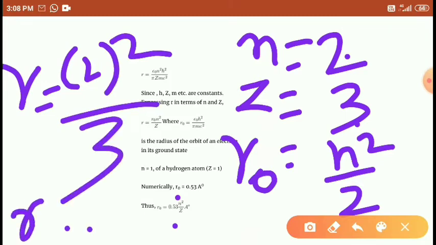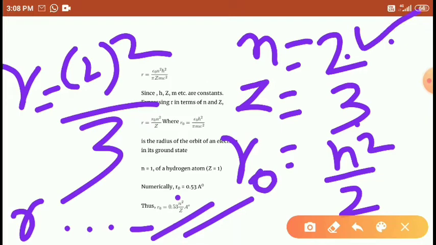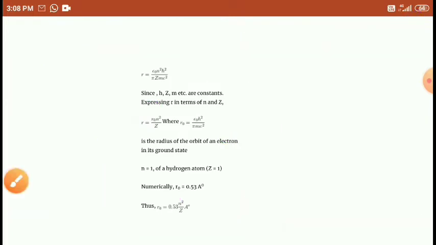Whatever radius you get here is the radius of lithium at the second energy level. Understood students?